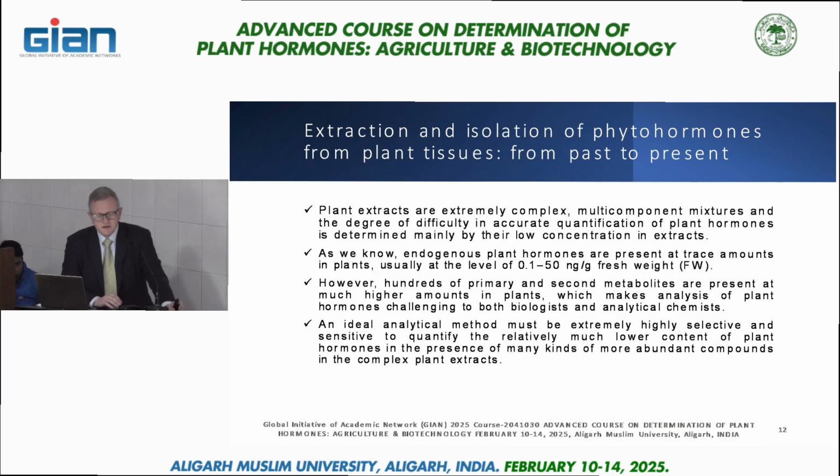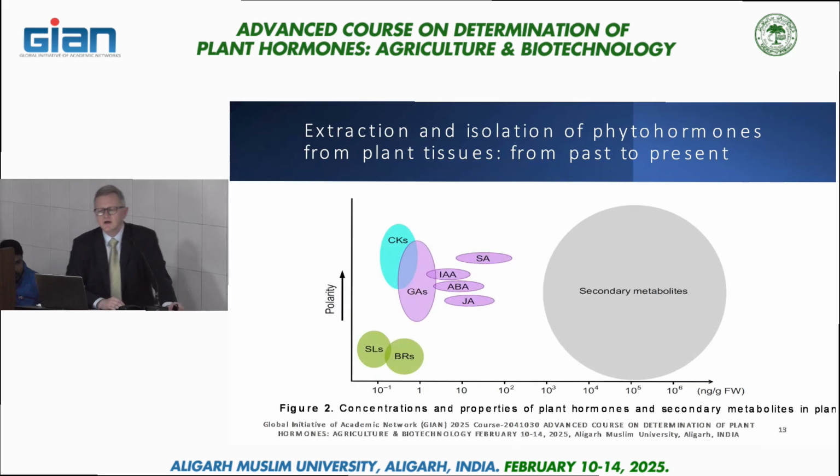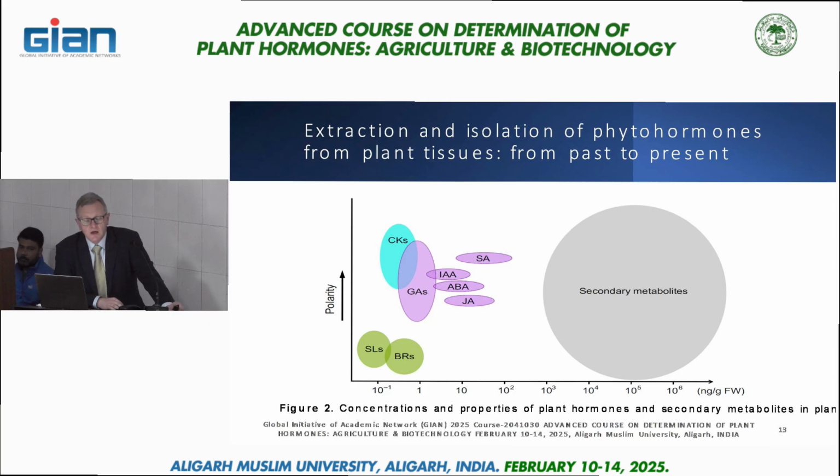In this slide, I present a graph of the concentration and the properties of plant hormones and secondary metabolites in plants. There may be two interpretations. The first: cytokinins and gibberellins have moderate polarity and concentration generally between 1 and 10 nanogram per gram fresh weight.